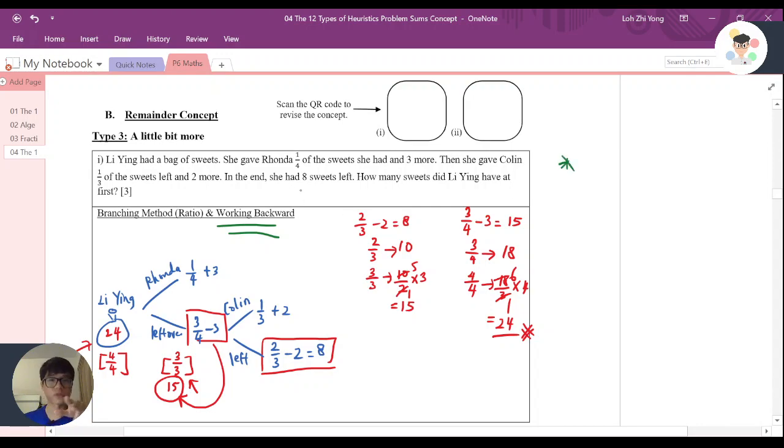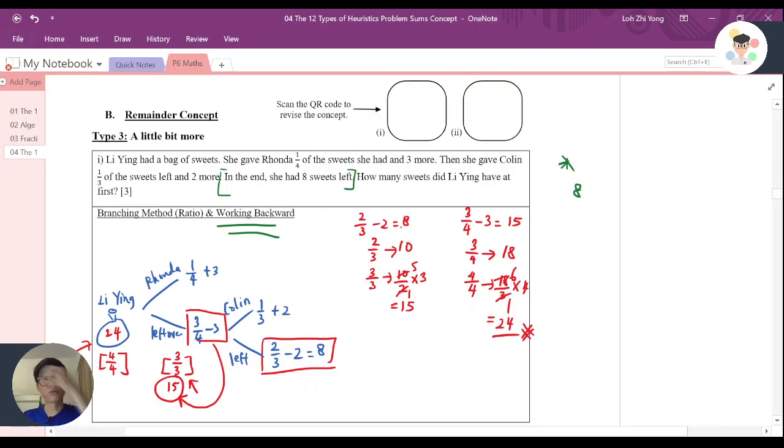Of course, working backwards, so we should start with this, in the end. So here it says that in the end, she has 8 sweets left. And here it says she gave Colin 1/3 of the sweets left and 2 more. So if you give another person 1/3 of it and 2 more, it means that now I'm left with 2/3 minus 2.